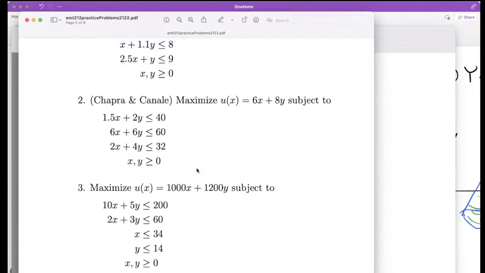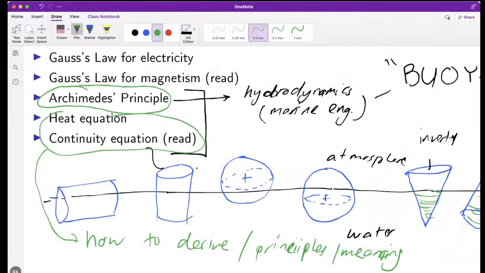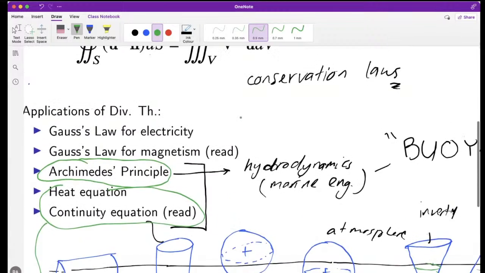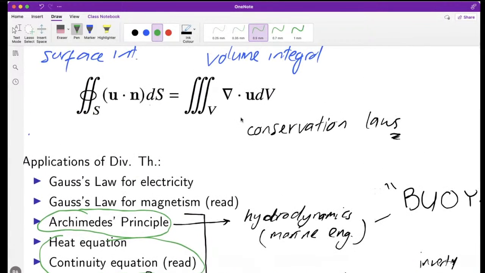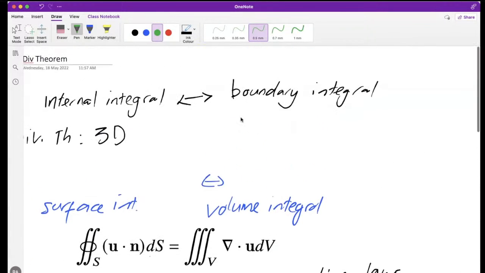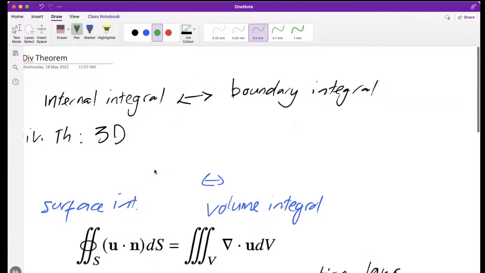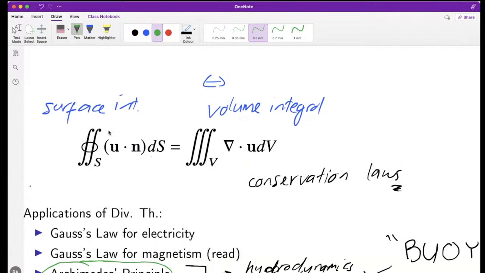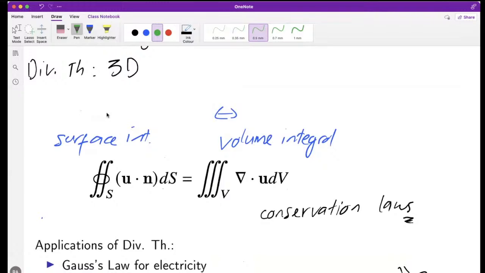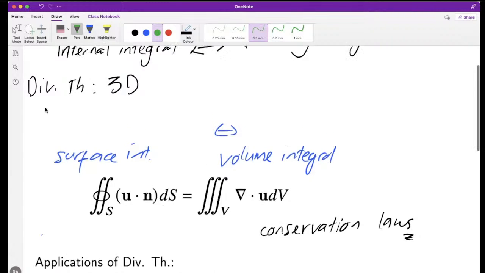So you're all clear about this divergence theorem. As I mentioned, the principle is the idea of relating the interior and the boundary. These are the keywords here.